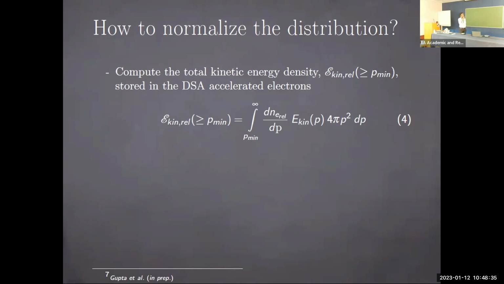But when we applied it to the direct simulation to create mock radio maps, we saw that there is a higher possibility of getting radio emission from galaxy groups, so low mass galaxy groups.